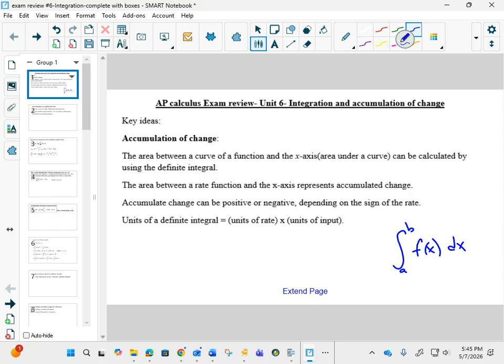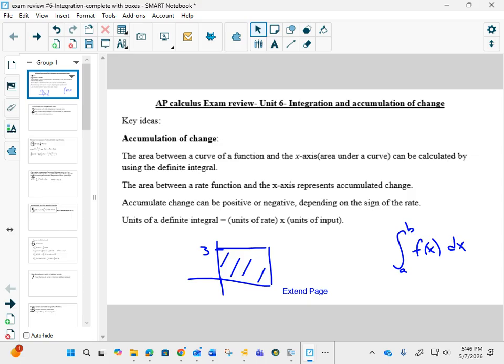What do we represent if it's the integral of an amount? Like just the integral of 3? Yeah, that just makes a rectangle when you figure out the area. But what is that? The area. If you have 3 apples and you take the integral of 3 apples, what is it?